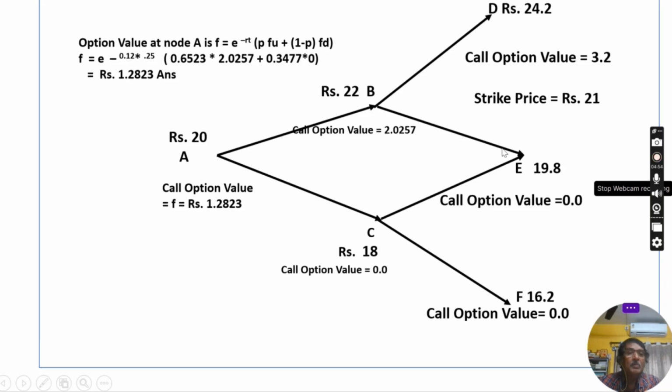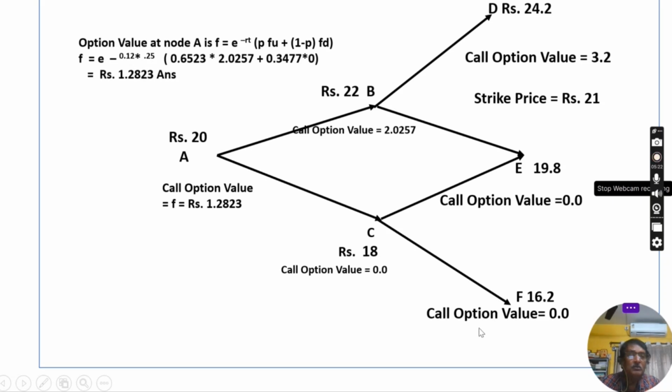And what will be the call option value at this point? Strike price is this and the share price is 19.8, which is below the strike price or exercise price. That's why the call option value will be 0 at this point. And what will be the call option value at this point? Again, this is 16.2, the share price is below the strike price 21.